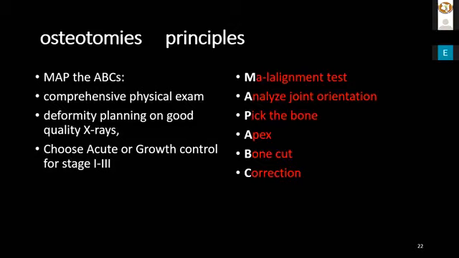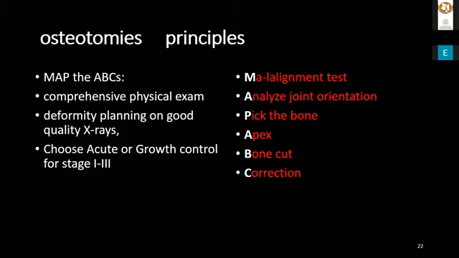The MAP is a term which summarizes what you should do. First is to assess, do the malalignment test. The second is to analyze the joint orientation lines and pick the bone which has a problem. For the adolescent, the late onset, the femur can contribute to the varus deformity as well as the tibia. If both of them are contributing, then you have to handle both of them.